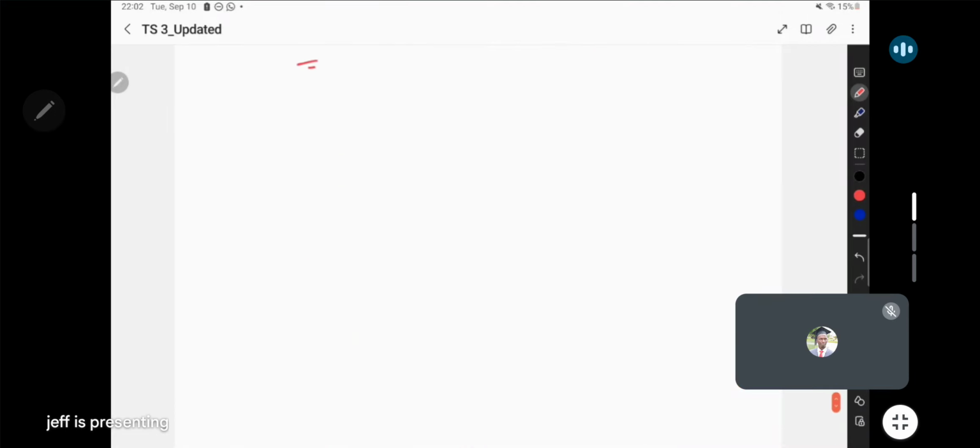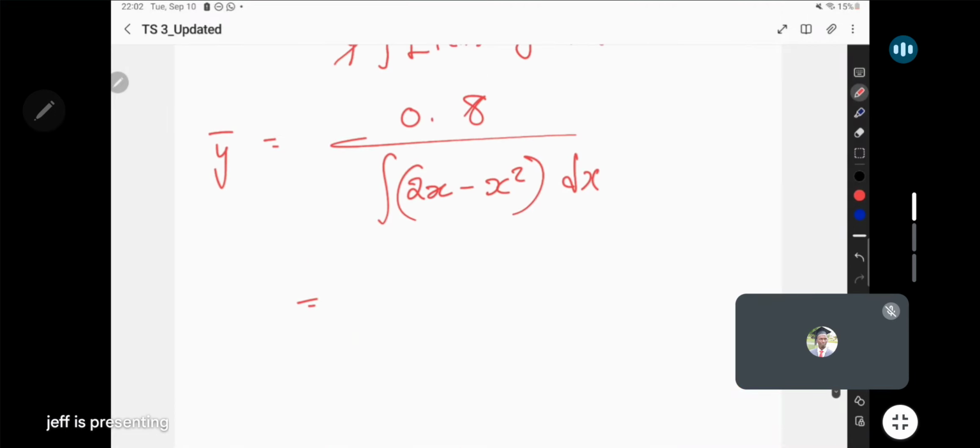When you plug in your limits here, if it gives you a negative, swap them. So when I say from A to B, if I find that the area I get here is going to be negative, I'll just do from B to A, because I know that area is not supposed to be negative. But let's try to follow suit. Let's go B to A and see what we're going to get here.